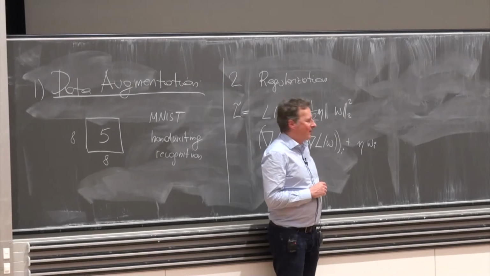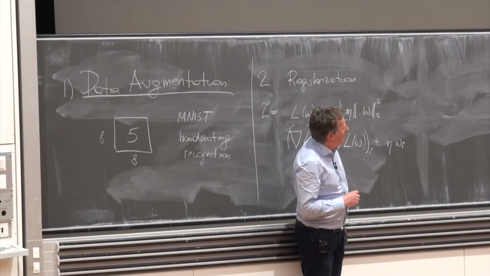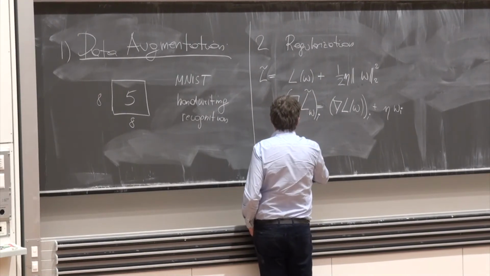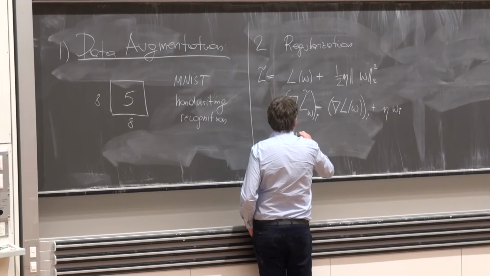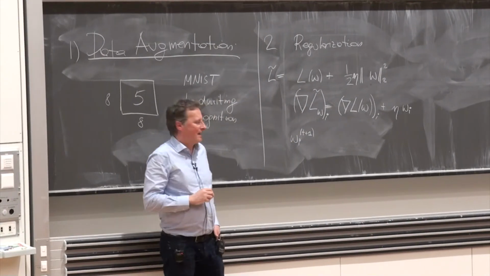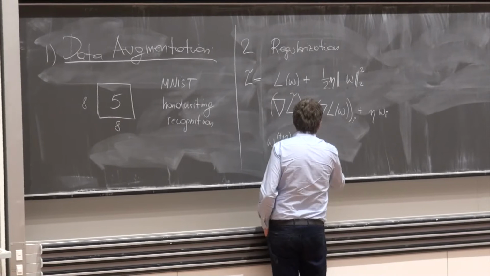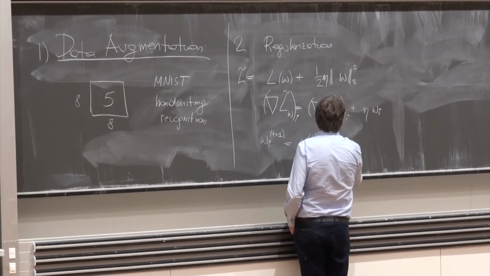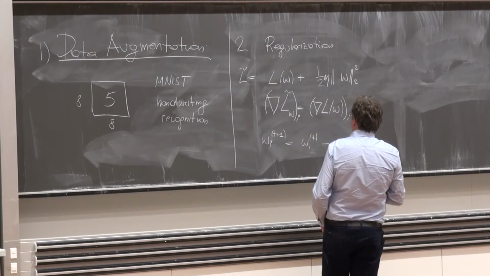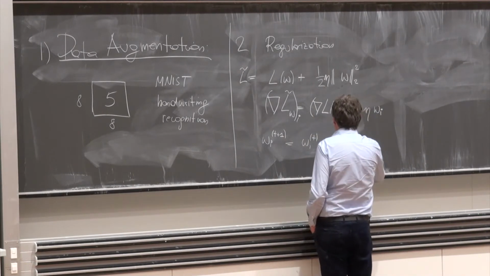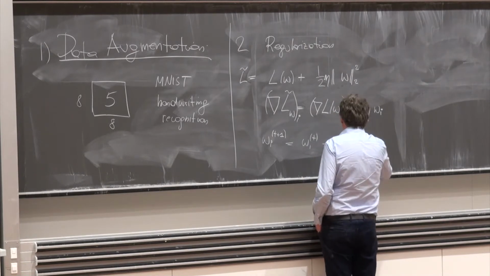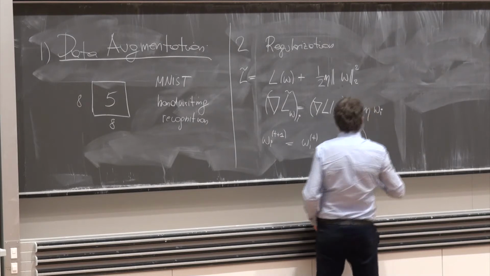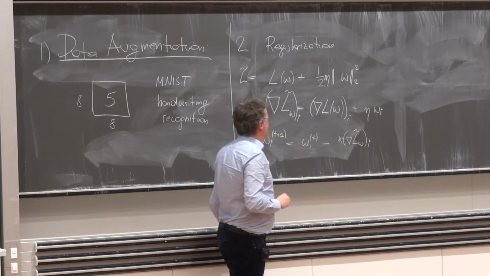So what happens in the gradient step? If I'm looking at wi at time t plus 1, after I take the next step, this is the wi at time t, and then I go minus a little bit in the direction of the gradient, so minus kappa times the gradient of L tilde with respect to wi.